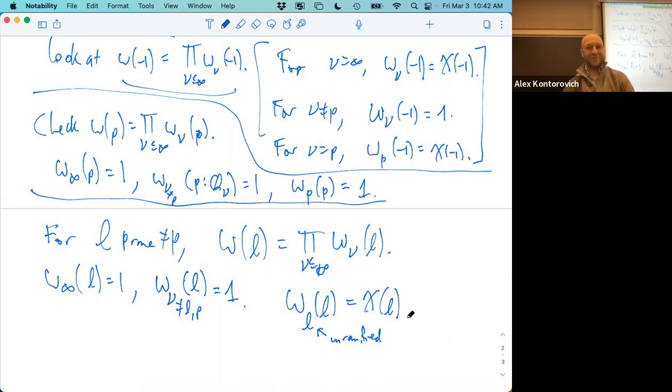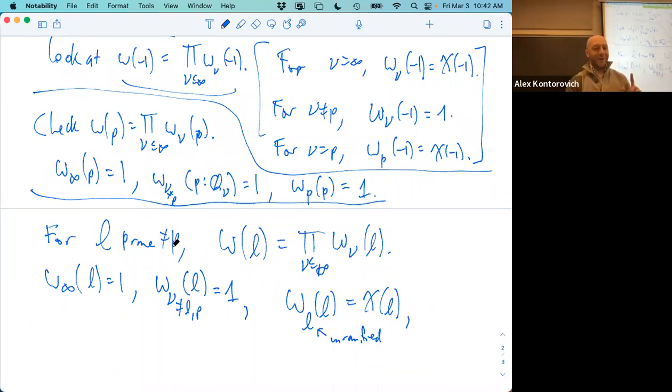And how does chi behave generally again? Chi is just some character mod P to the E. Chi is a Dirichlet character mod P to the E, P being the ramified prime. I was just a little worried that if this factored into something including L, then this would just be 0. L is co-prime to P, so it's just not appearing in chi.